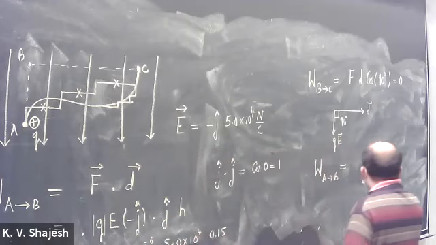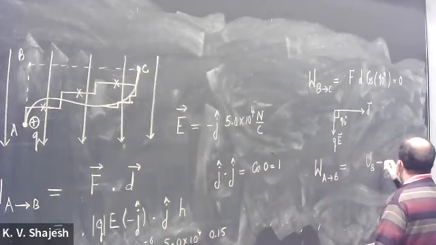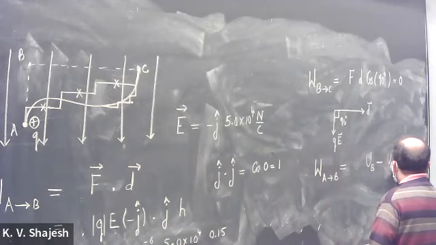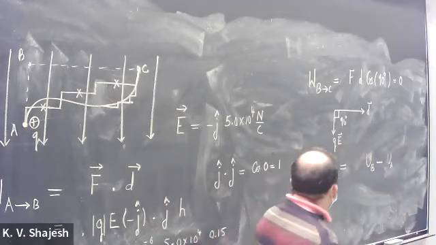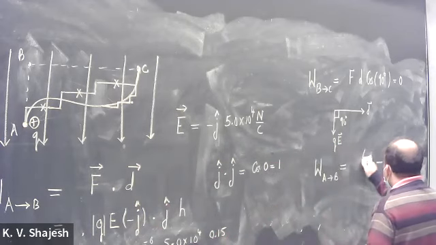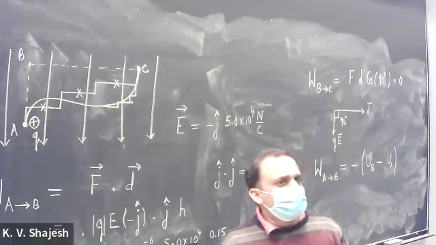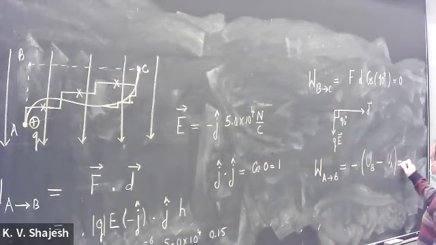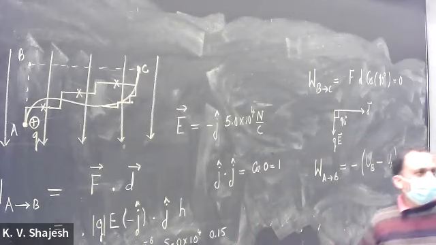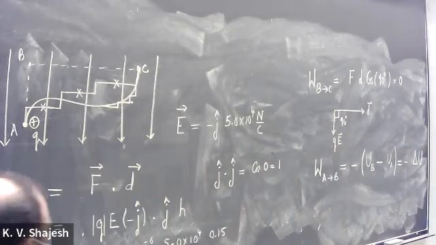So I say this is U of B, that's called the potential energy at point B, minus the potential energy at point A. Don't worry about the path, only the final minus initial. And for conventional reasons, this has a negative sign in front. So it is a negative of this. So this is called the change in potential energy, which is negative of the change in U.